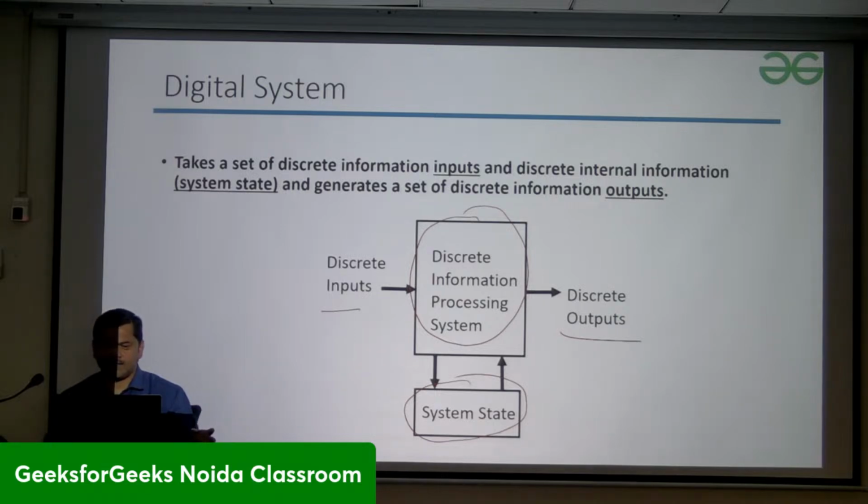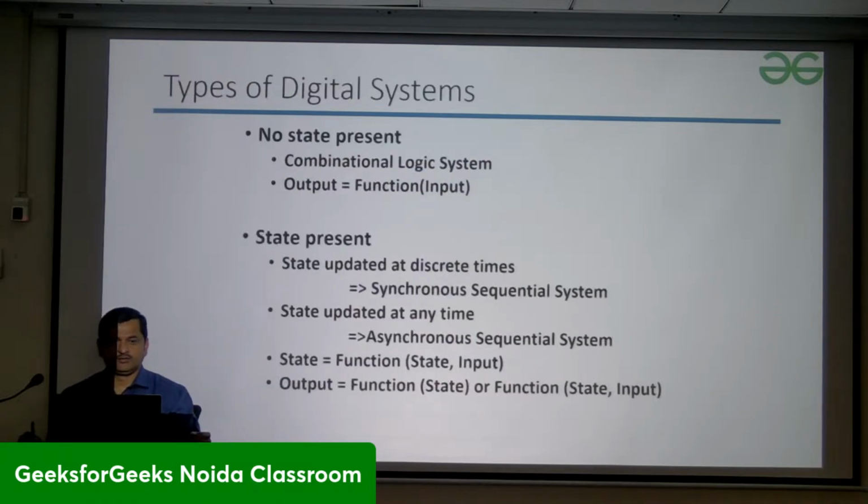So in this particular case, you can have two things: either no state is present or state is present. If no state is present, then straightforwardly you can say it is a combinational logic system. If no state is present, that means you are not able to see the previous outcome related to that particular value in the previous timestamp.